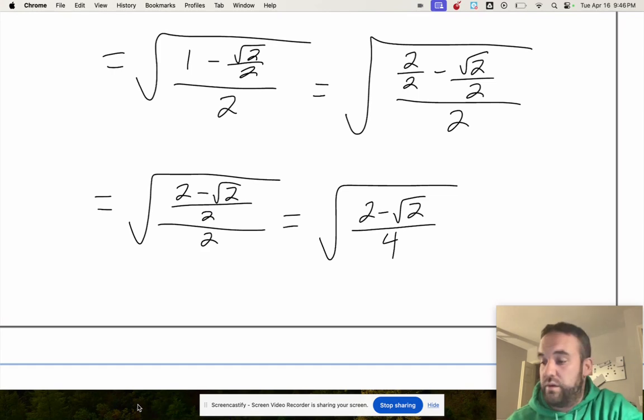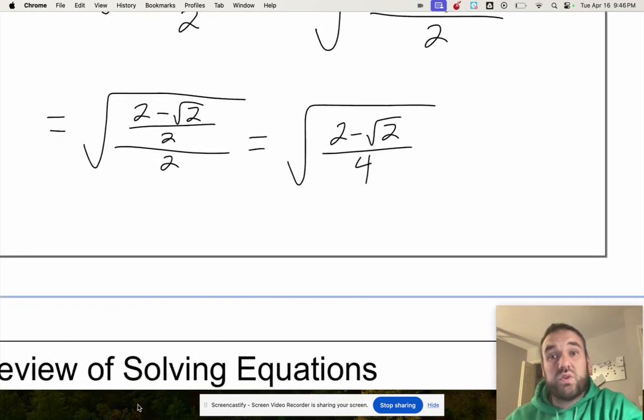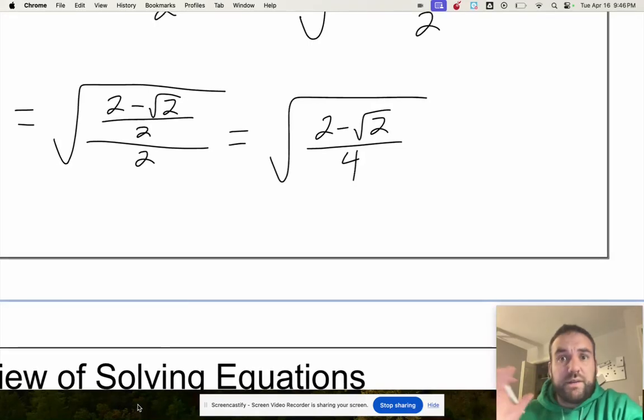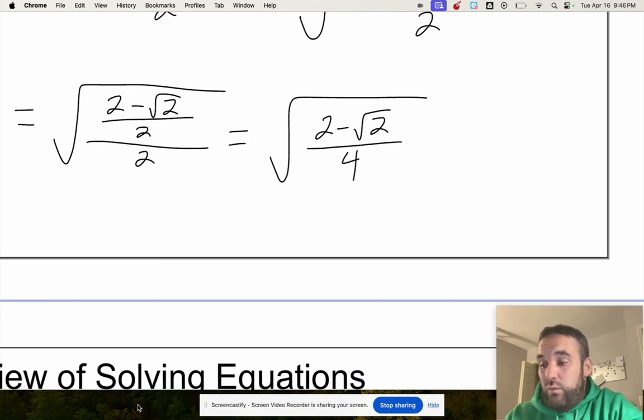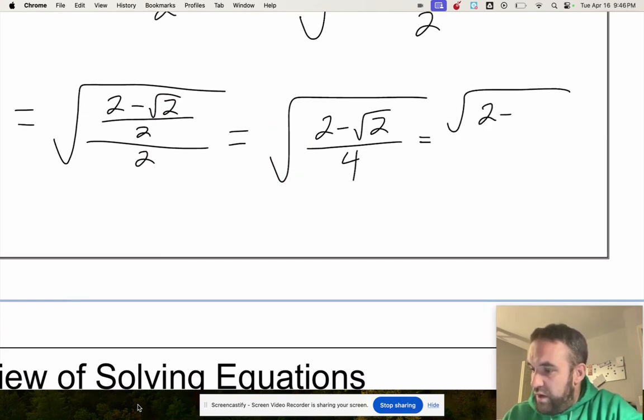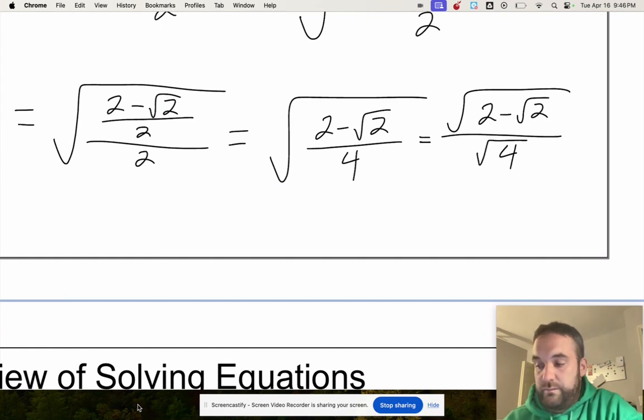What else can we do with that? When you square root a fraction, some textbooks, some teachers, some courses might be okay with you stopping right there. Technically, square rooting a fraction is just square rooting the numerator and then separately square rooting the denominator.